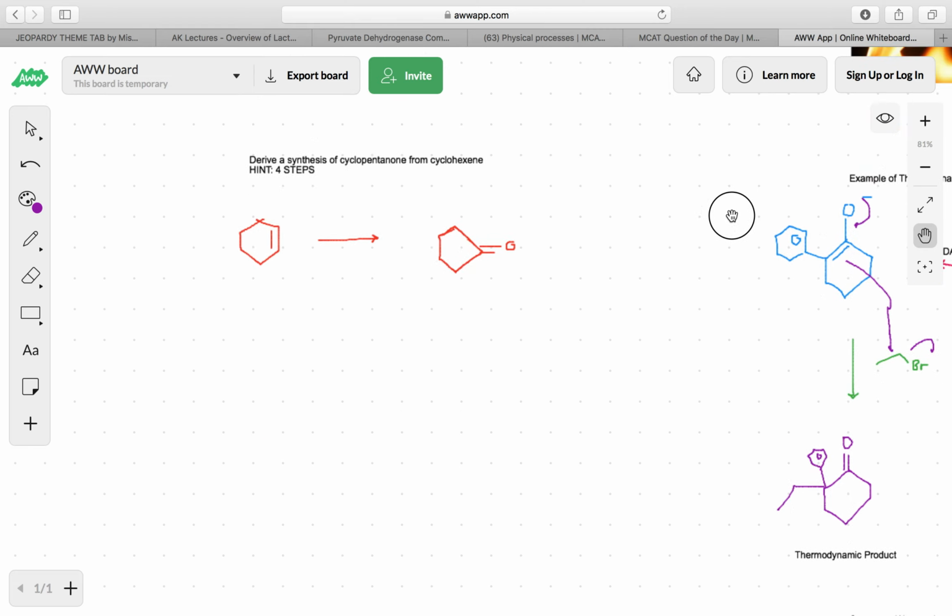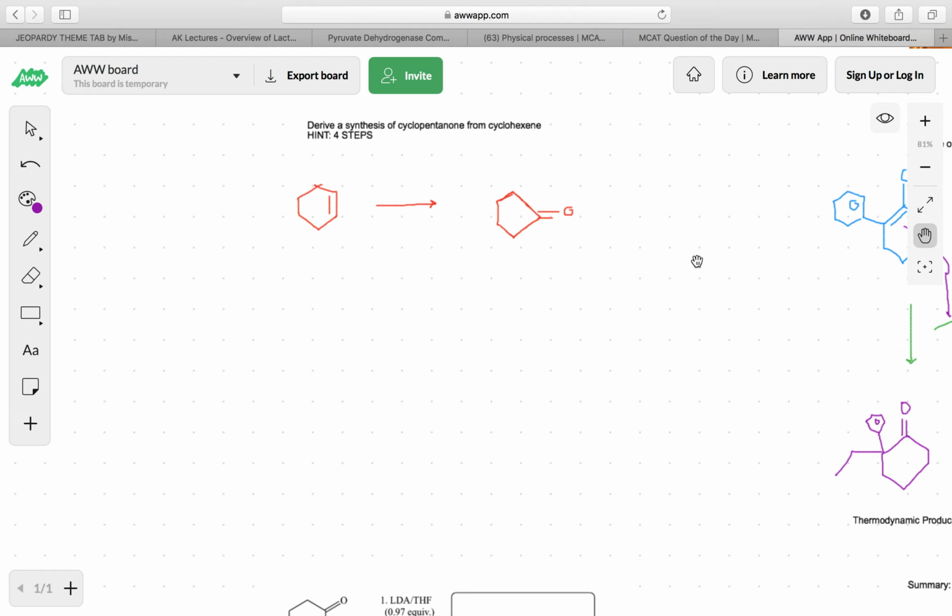Now this one is the fun one. So, the way you have to think about and approach this is, you're going to have to restructure the ring somehow. And because of that, you have to break it open. So we learned one definite way to break open an alkene, and that's ozonolysis.